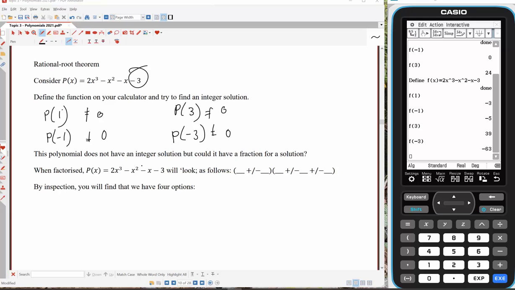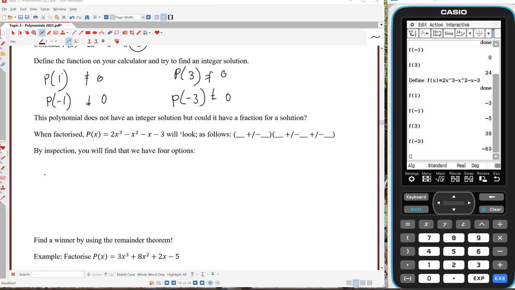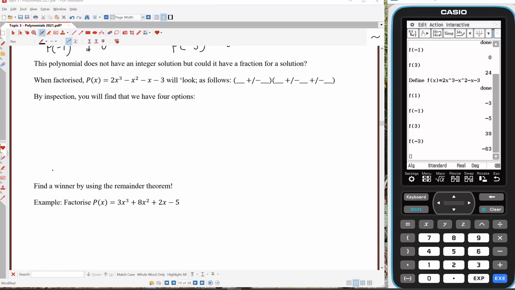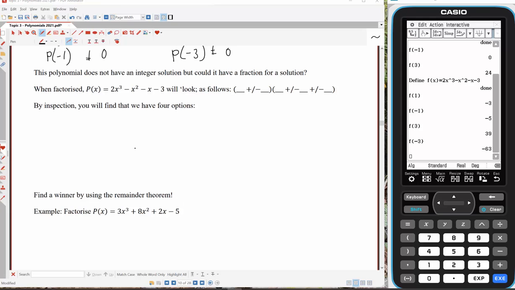So when factorized, what it will look like is something like this, which is a linear multiplied by a quadratic. Okay, so we've seen that sort of happens. So we're going to use some inspection to find that we'll end up with 4 options. So I'm just going to rewrite p of x equals something multiplied by something. Right, so here is what's going to happen.